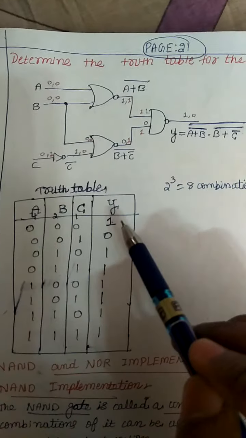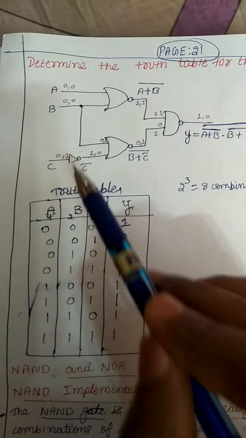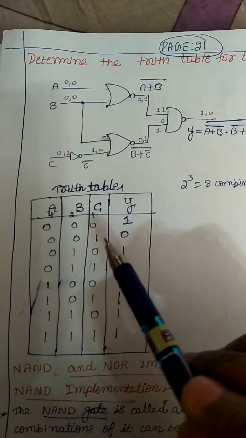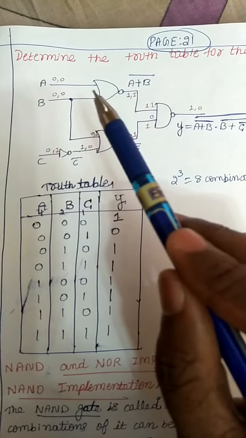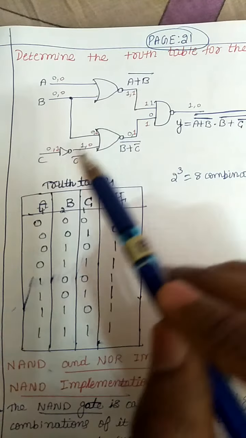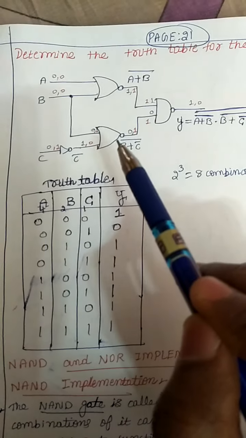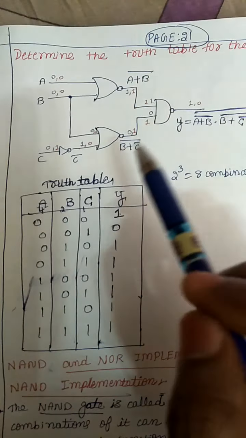In a similar manner, I have taken the second case also, 0, 0, 1. 0, 0 means 0 plus 0, 0, complement 1. 1 complement 0. 0, 0, 0 plus 0.